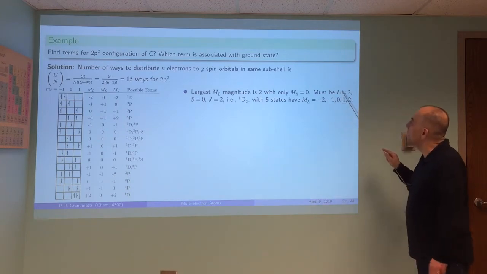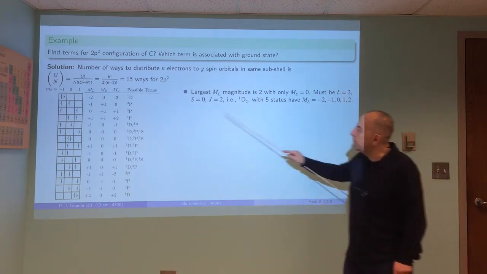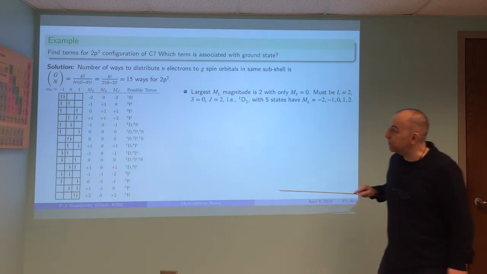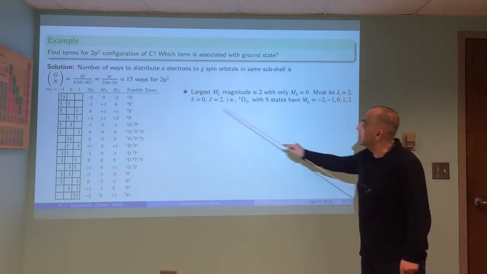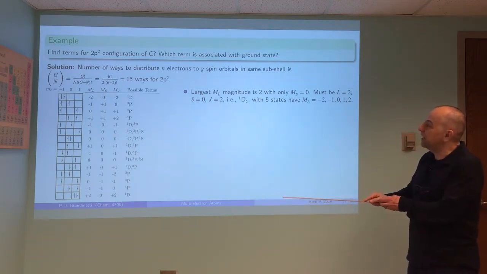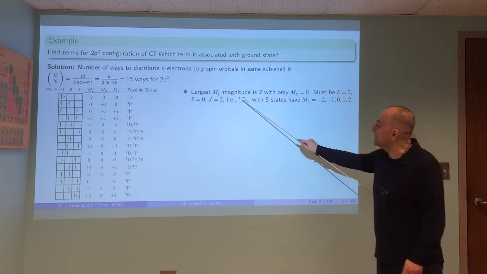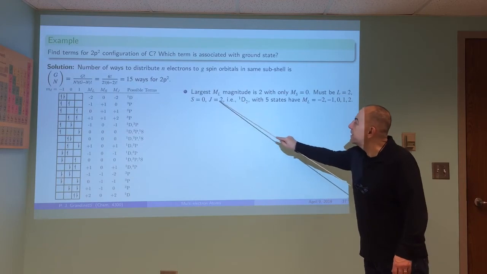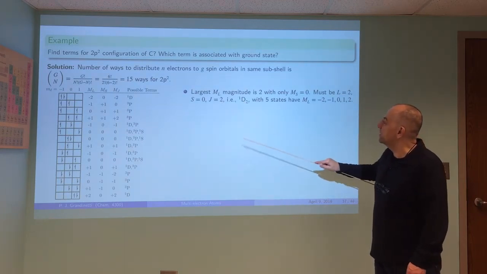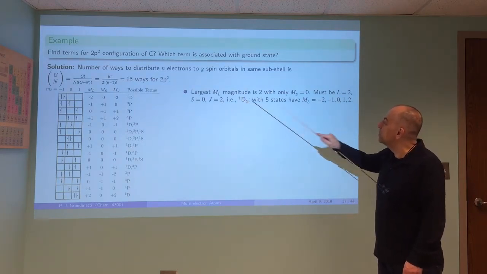So that tells us that this L equals 2 must be associated with an S equals 0. So 2 plus 0 is going to be a J equals 2. So there we have it. We know that L equals 2 is a D, S equals 0 is a singlet, J equals 2 gives us 2, so singlet D2.